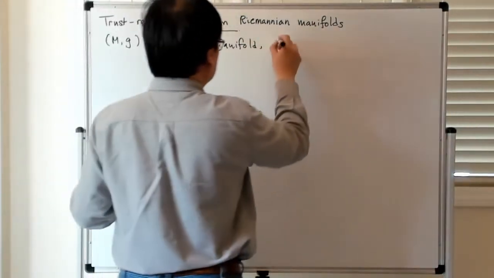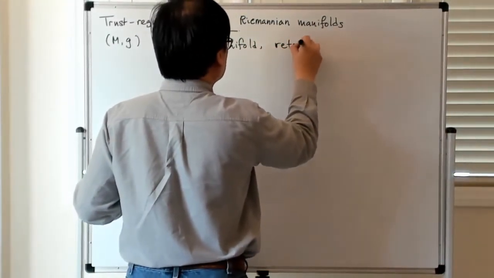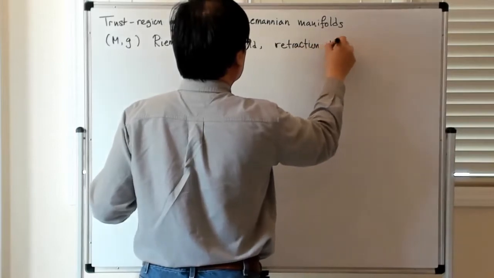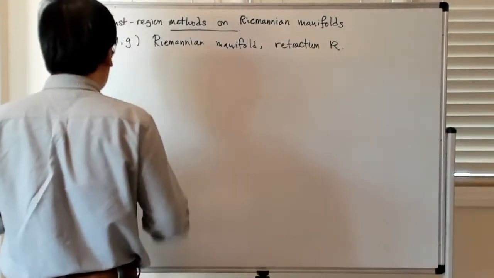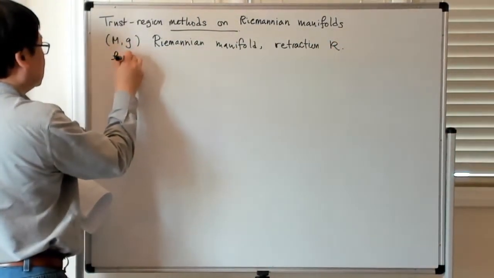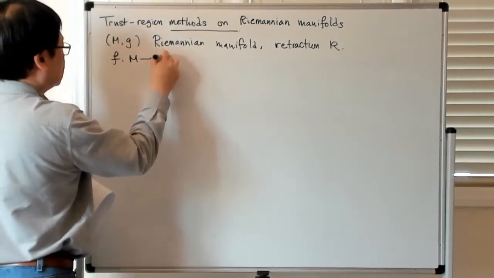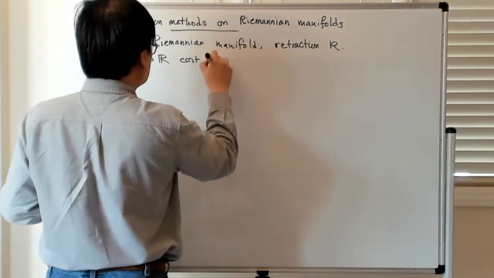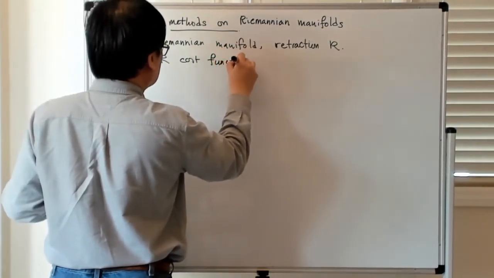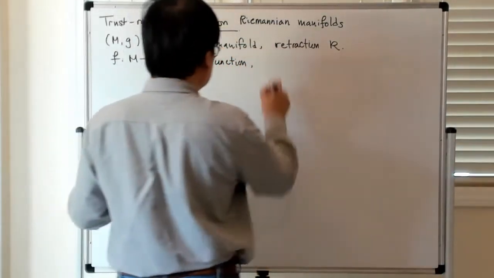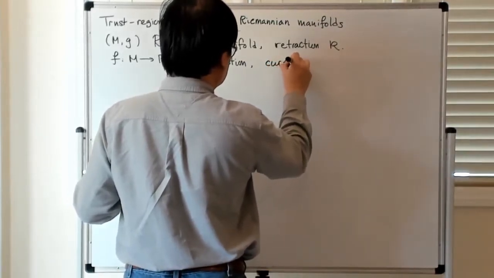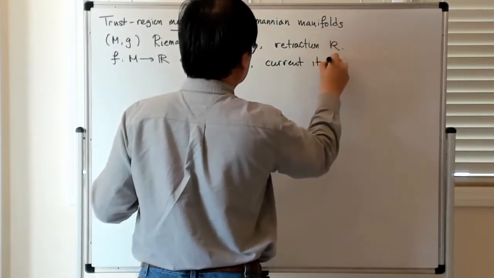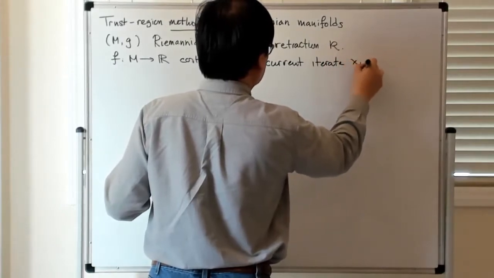You have a retraction R, and then you have a cost function. Then you have a current iterate. Let's call it xk.